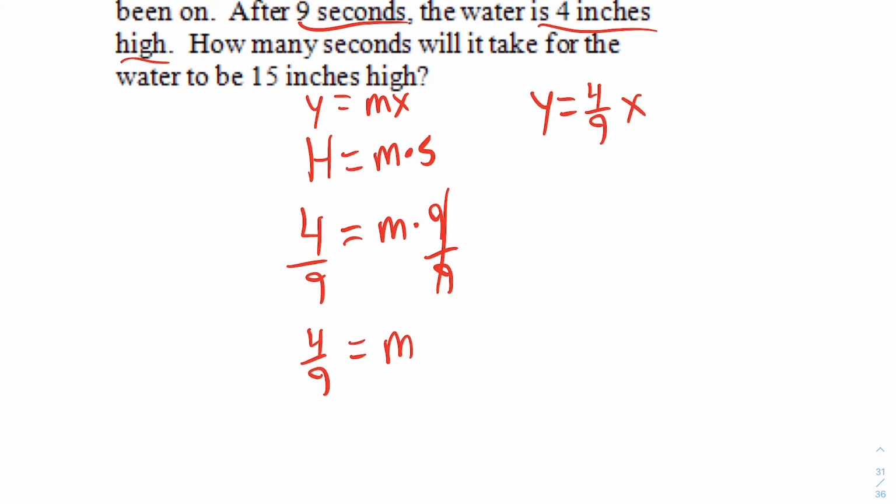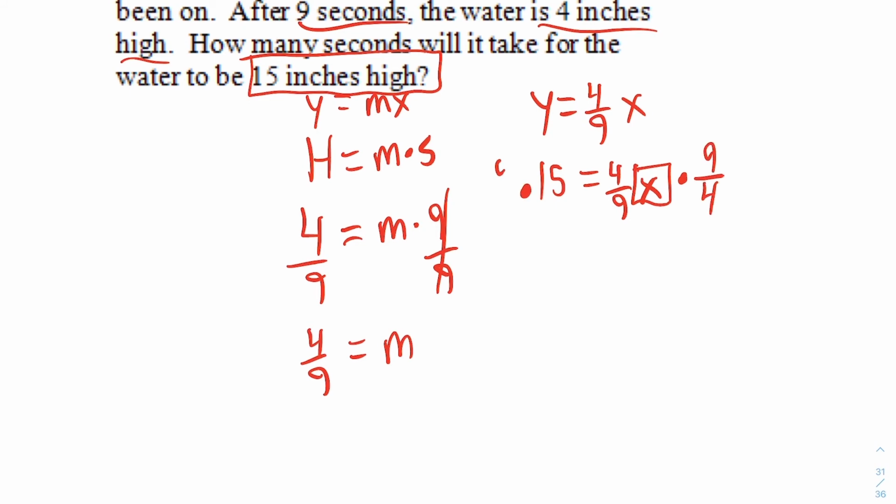And then it says 15 inches high. 15 inches high is a y, so we'll put it for y. 15 equals 4/9 x. We're trying to solve for x, which means we need to remove the 4/9 by multiplying by a 4 on the bottom and a 9 on top. So we do that on the left also. 9 on top, 4 on the bottom.